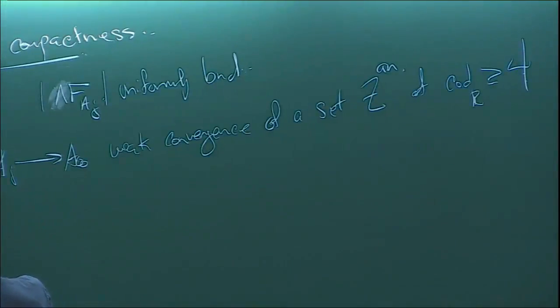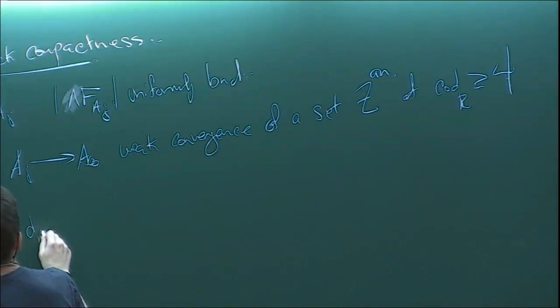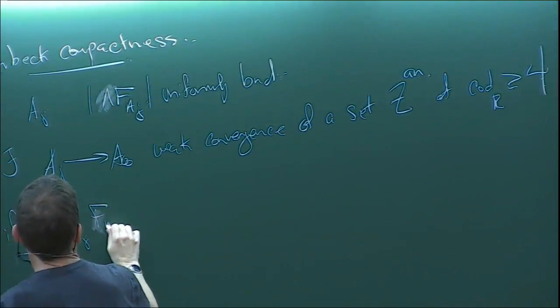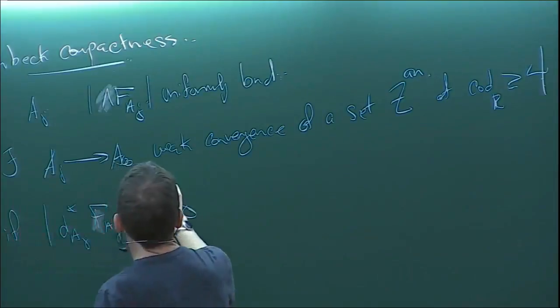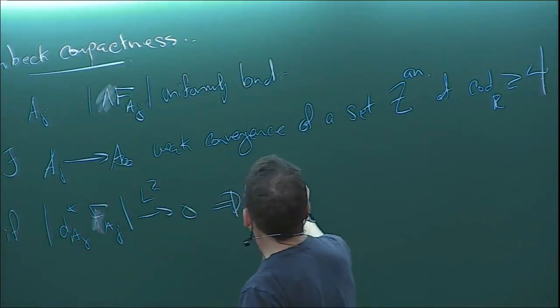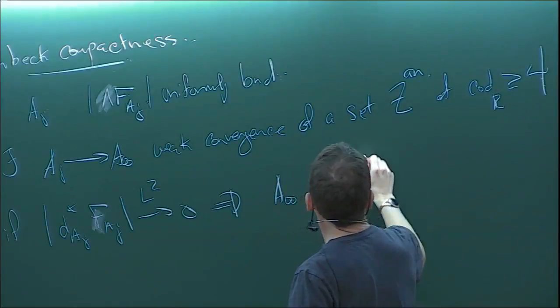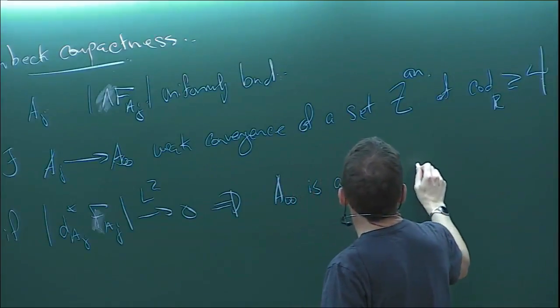And moreover, if I also assume that d_{A_j}^* of F_{A_j} is going to 0 in L2, then that implies that this limit, A infinity, is a Hermitian-Yang-Mills connection.